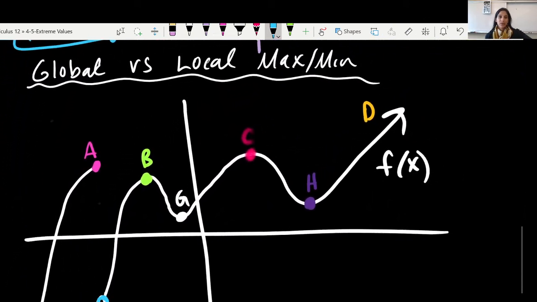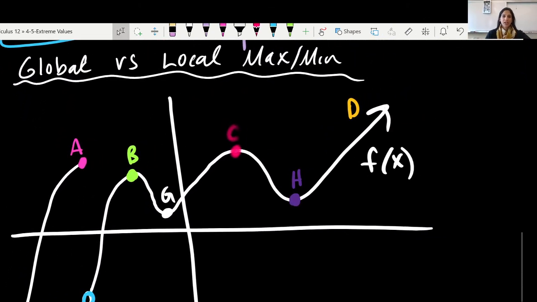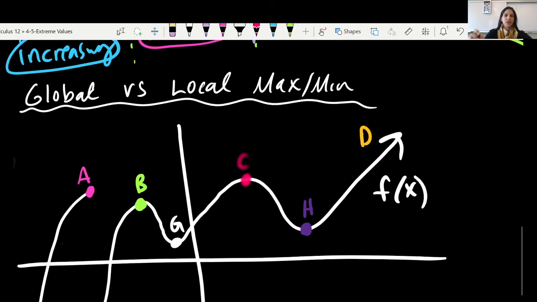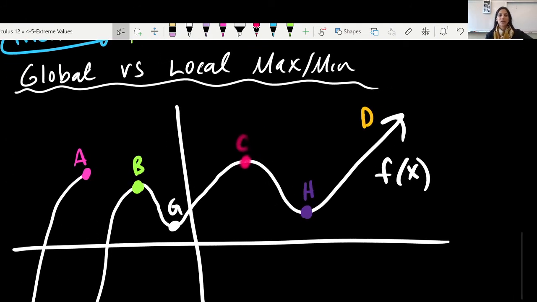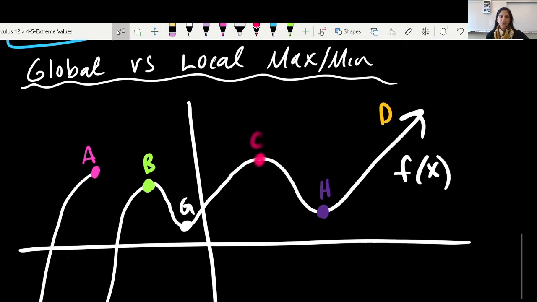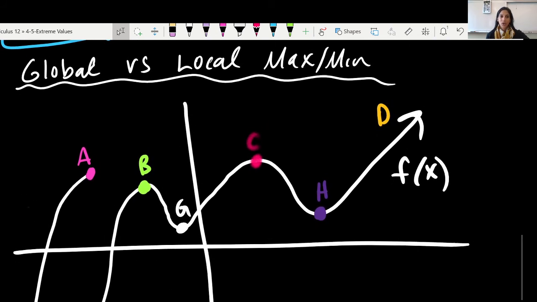Okay, so just one other quick concept that I want to point out, and that is global versus local maxima and minima, because I think that you're used to seeing global max and min, but I don't know if we've talked about the distinction or the difference between these. So I just want to use this to quickly point things out to you.